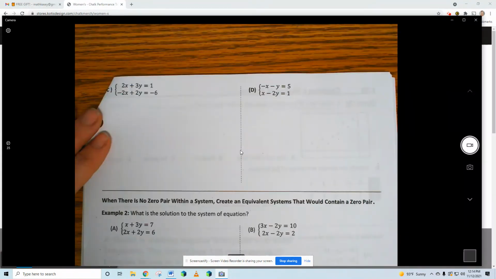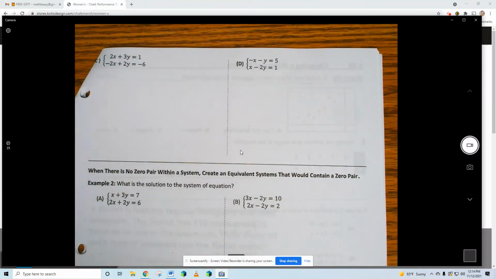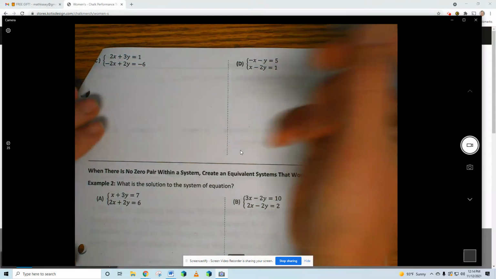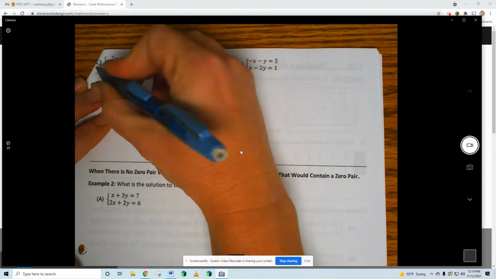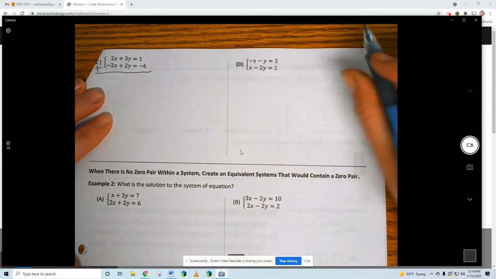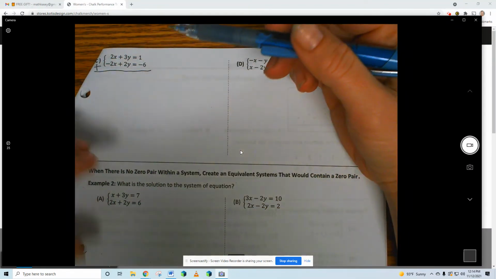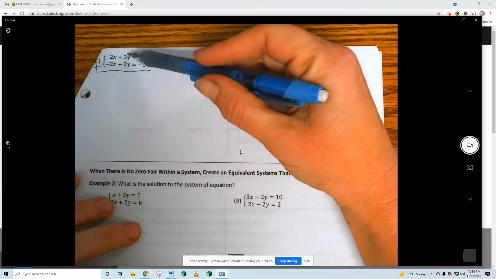C. Turn the page to C, please. Good. It's set up. I have a 0 pair. My 0 pair is the 2x and negative 2x. Draw a line. Draw a big plus sign. Since they're opposites, they're going to cancel each other out. Let's add.